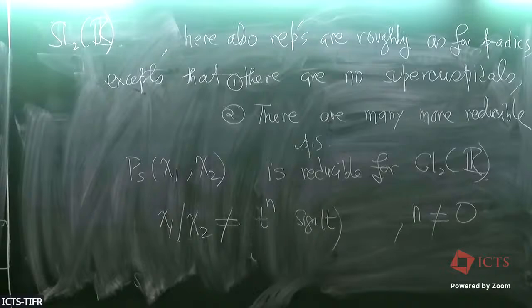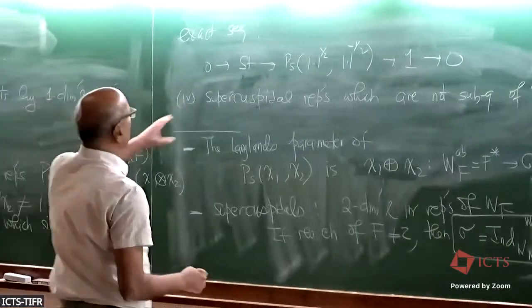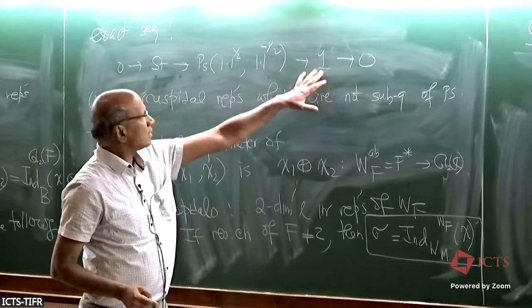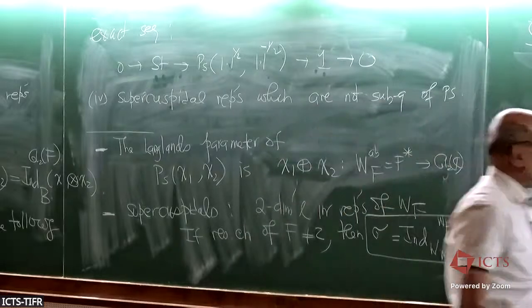And when it is reducible, it is like p-adic theory. It has two components. One component is a finite dimensional representation, and the other component is a discrete series component.